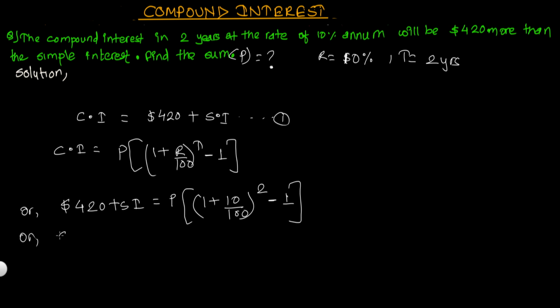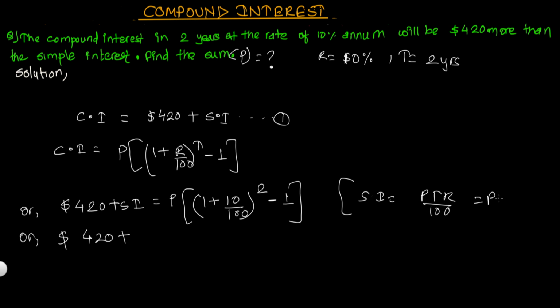Or 420 plus, we can also get the SI, because simple interest is PTR over 100.